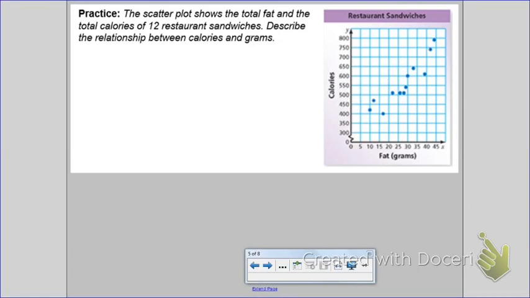To describe this, I could say as the total fat increases, the total amount of calories increases. And that would be a description for what the scatter plot is telling us.